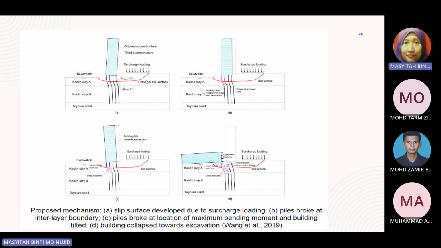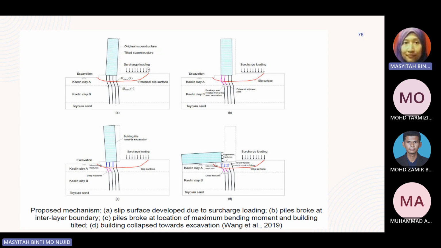When there was a potential slip surface, it shows that a weakness plane has developed in the soil. And then at section C, or image C, it shows that the piles broke at the location of maximum bending moment and the building tilted. And finally, in D picture, the building collapsed toward the excavation.